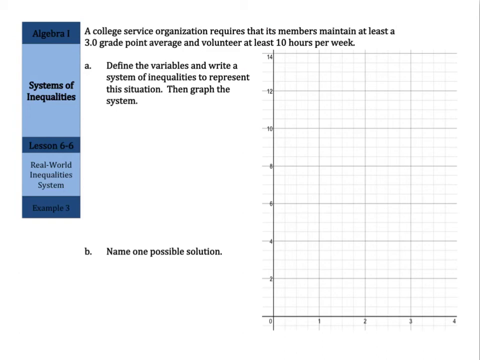Well, for our variables, we can let G equal our grade point average. And we can let V equal the number of volunteer hours.